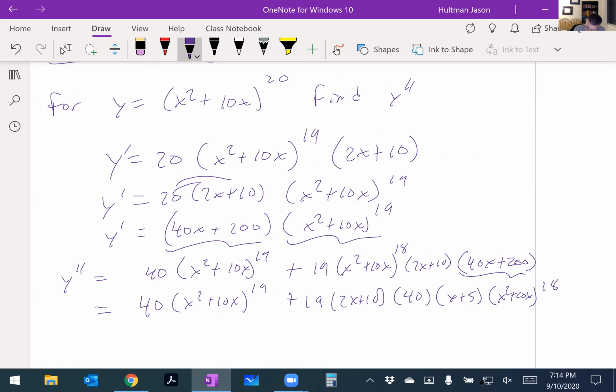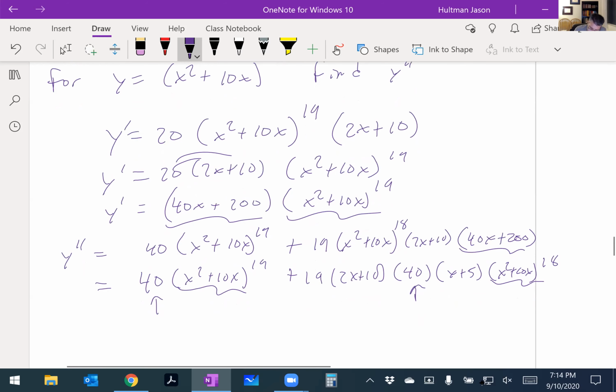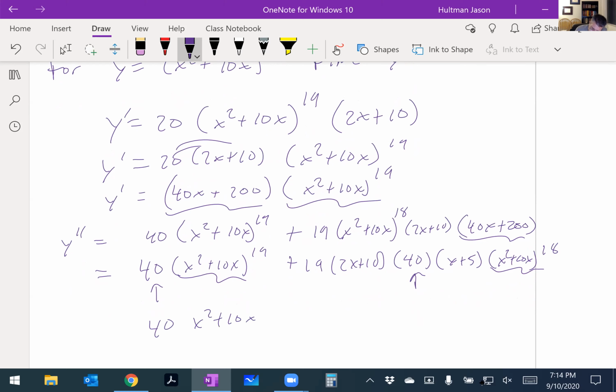Okay, and there's a reason why I factored out this 40, because this has a 40, and this now has a 40. Okay, this has x squared plus 10x to the 19th power. This has x squared plus 10x to the 18th power. So I can factor out a 40 and an x squared plus 10x to the 18th power.